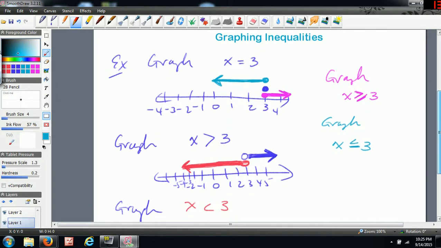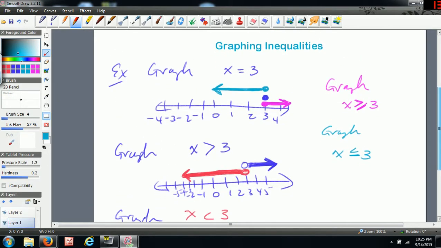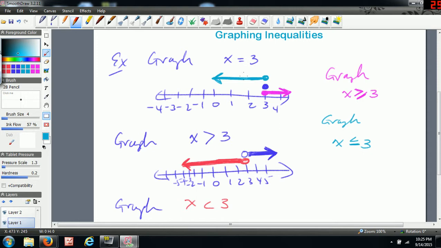So I think that about covers graphing inequalities. I could do a few other examples, like, okay, with negative numbers.